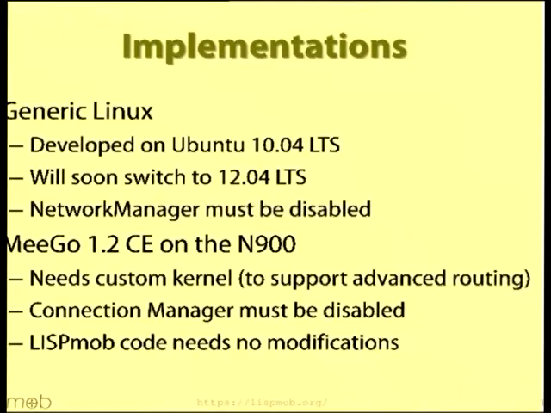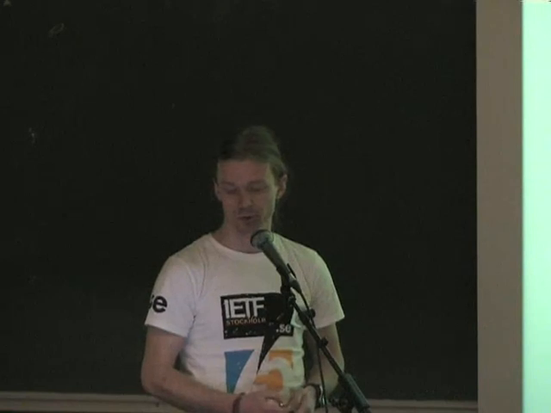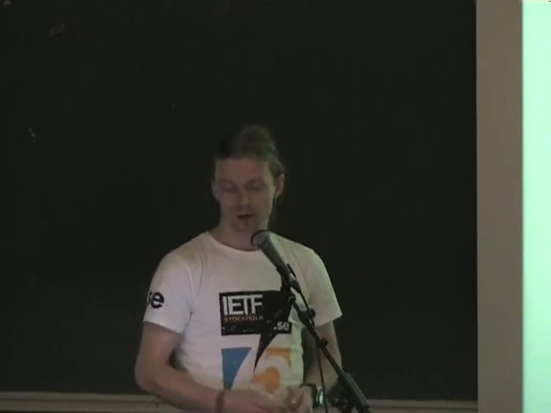We are going to soon switch to this year's long-term support version. In order to work, Network Manager has to be disabled because it interferes with interface management. On MeeGo, we had to compile a custom kernel to enable advanced routing functions, also to disable connection manager, but the actual code didn't need any modifications to make it work.